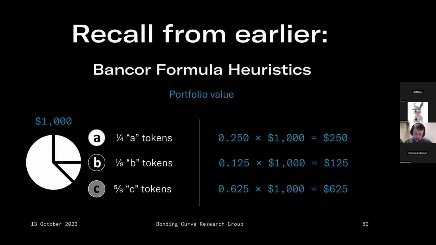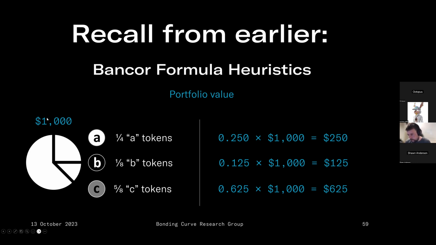So recall then that we're talking about portfolio weights, right? These reserve weight numbers that we're choosing are always going to be how much of the portfolio is denominated in that token, no matter how we measure the portfolio's value.